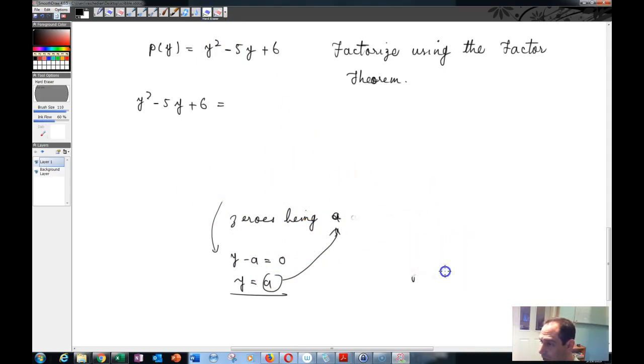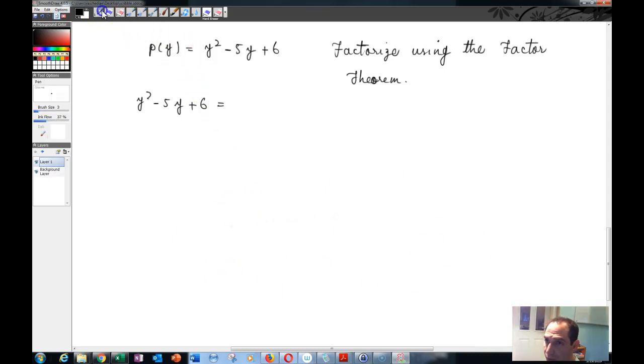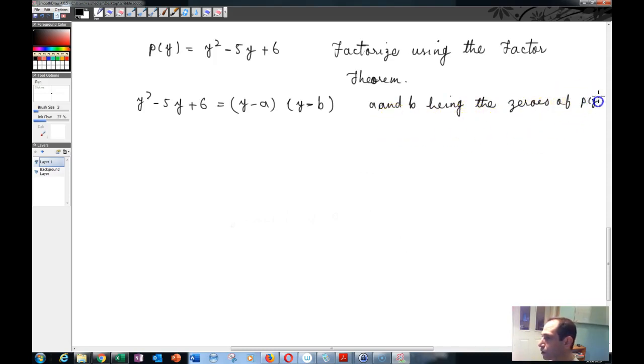So once you have this figured out, you can write this as y minus a times y minus b, with a and b being the zeros of the polynomial p of y.